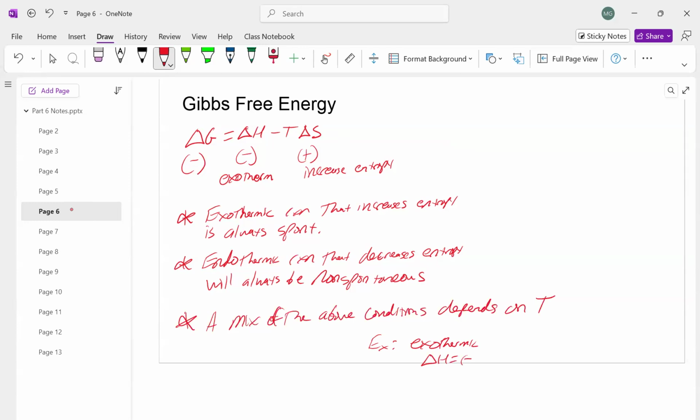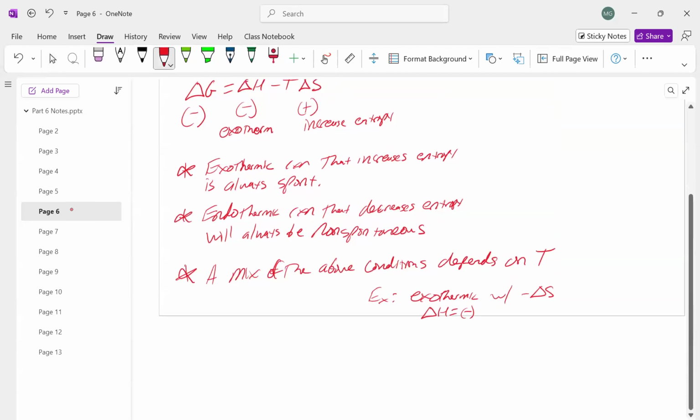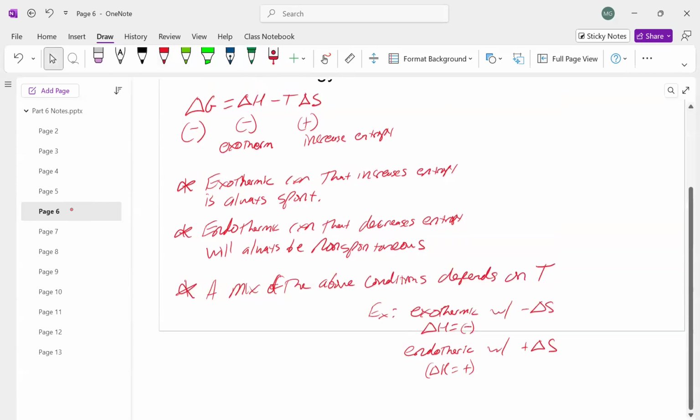Delta H is negative with a negative delta S. So by changing temperature, that can affect the outcome of whether delta G is negative or positive, or vice versa. An endothermic reaction where delta H is positive with a positive delta S. So the magnitude of the temperature will affect the overall equation to make delta G either negative or positive.